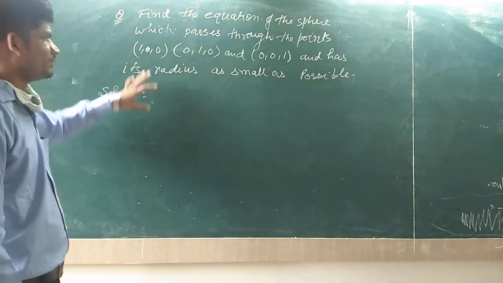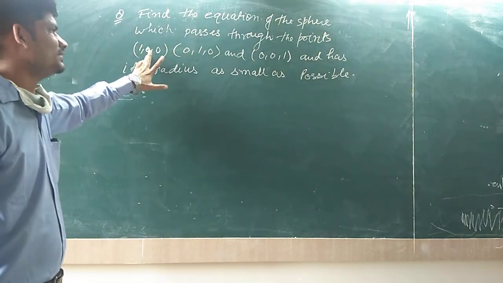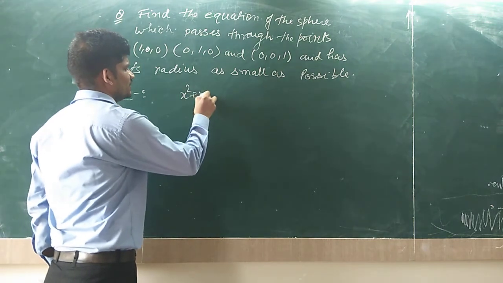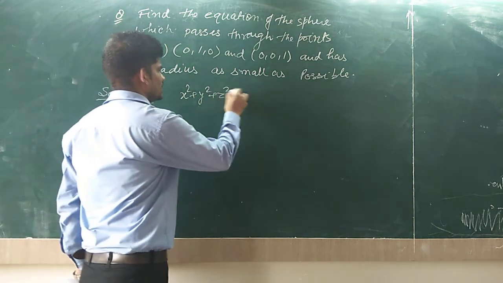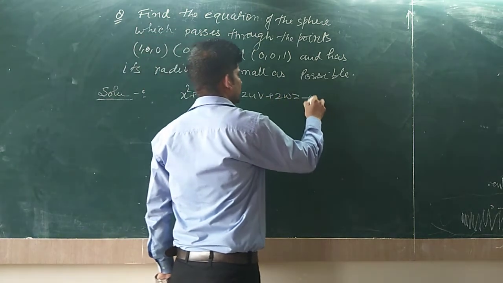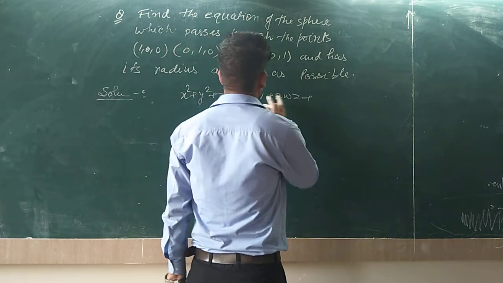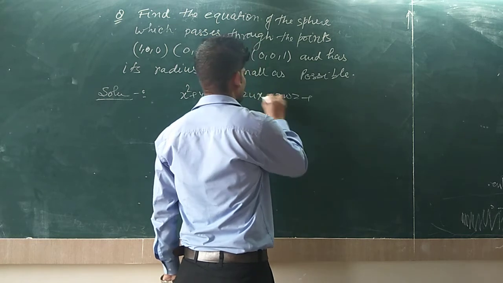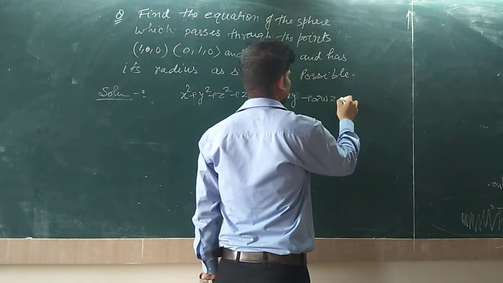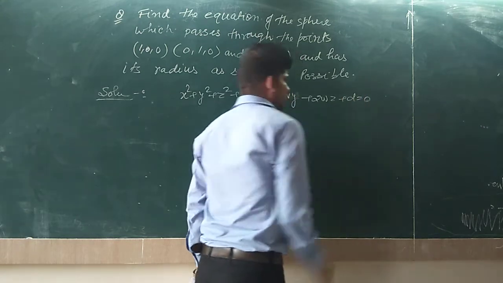The sphere passing through more than one point, then we use the general equation of the sphere: x square plus y square plus z square plus 2ux plus 2vy plus 2wz plus d equal to 0.